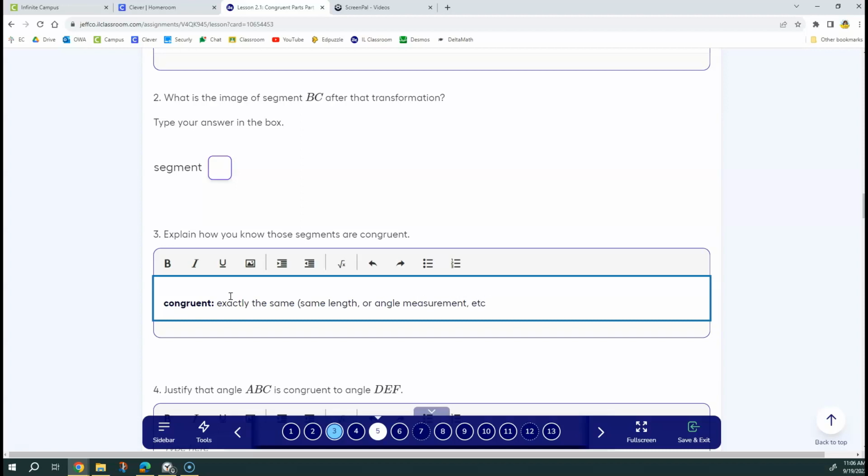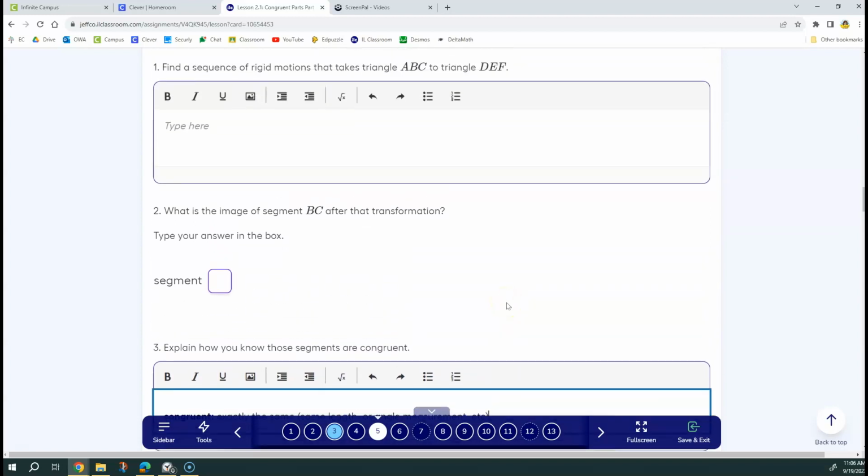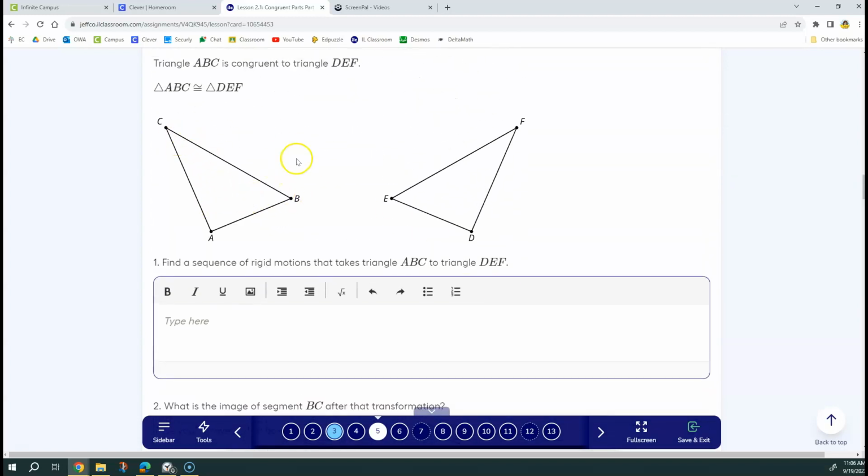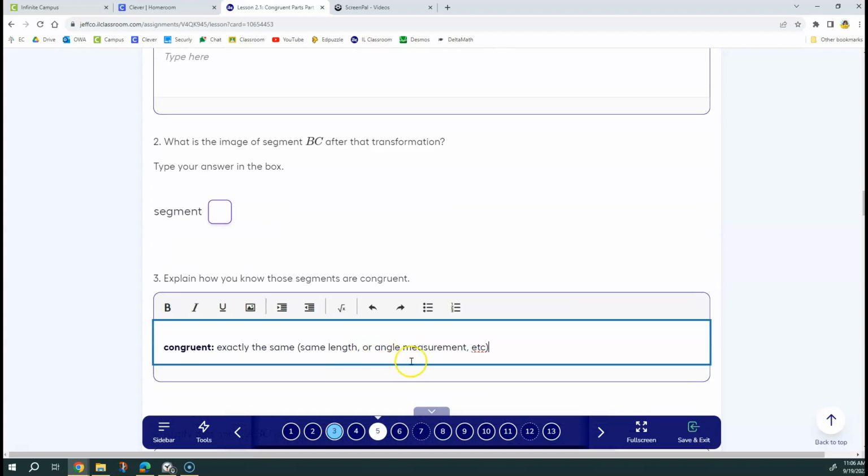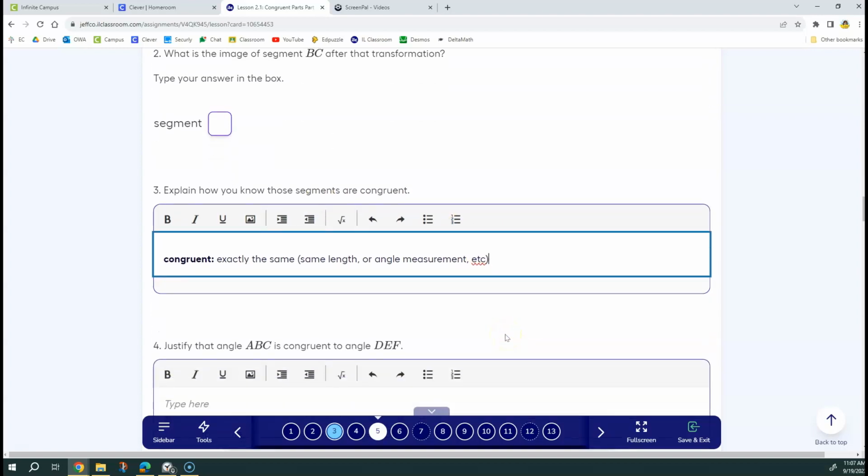So how do you know that the segments are congruent? And you may need to roll your brain back to 8th grade. I know, so long ago. Think about when you transform a shape. If we reflect the shape, what changes about the shape? So how do you know the two segments are congruent?